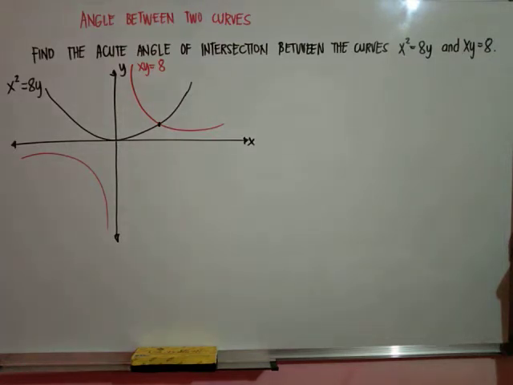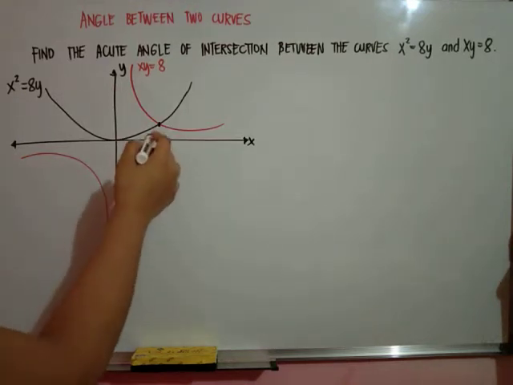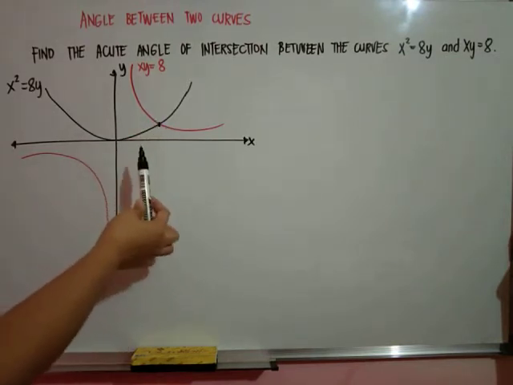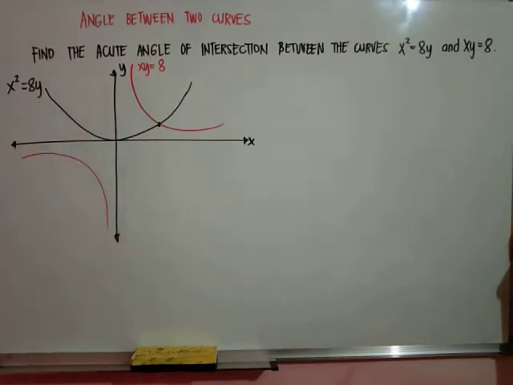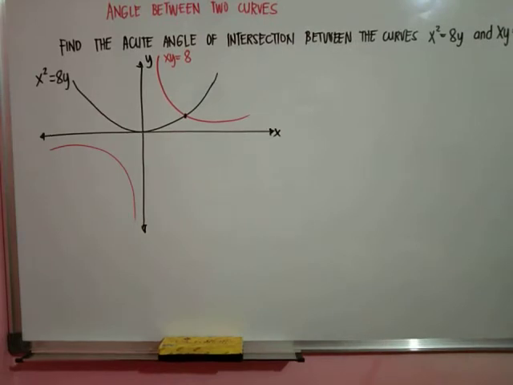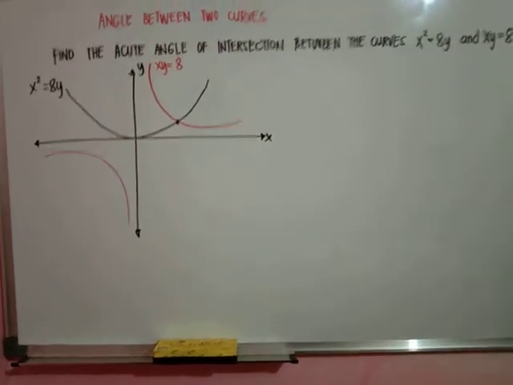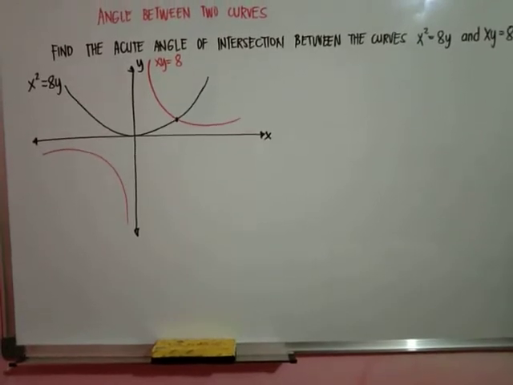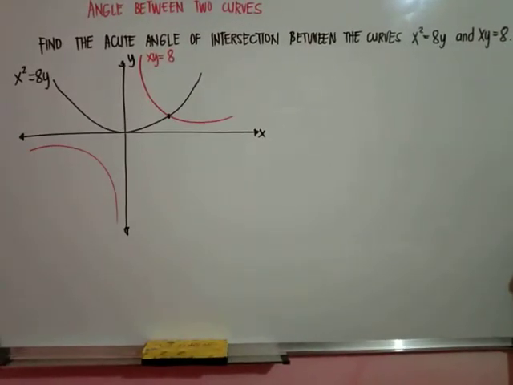So, kapag nag-draw tayo ng tangent line dun sa dalawang curve. Let's say, i-draw natin yung tangent line kay curve x squared equals 8y.